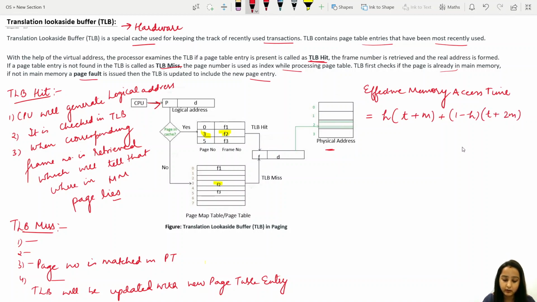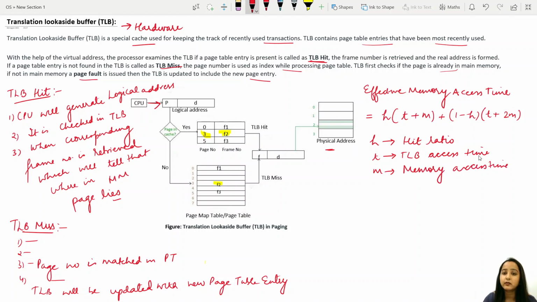See here, H is the hit ratio, T is the TLB access time, the time it takes to access the TLB, and M is the memory access time.